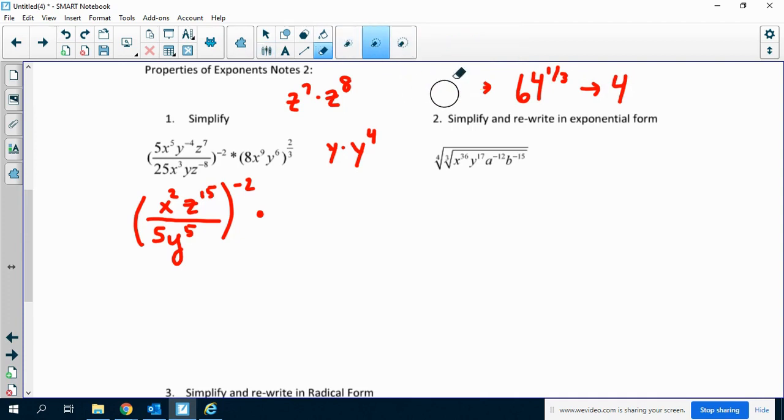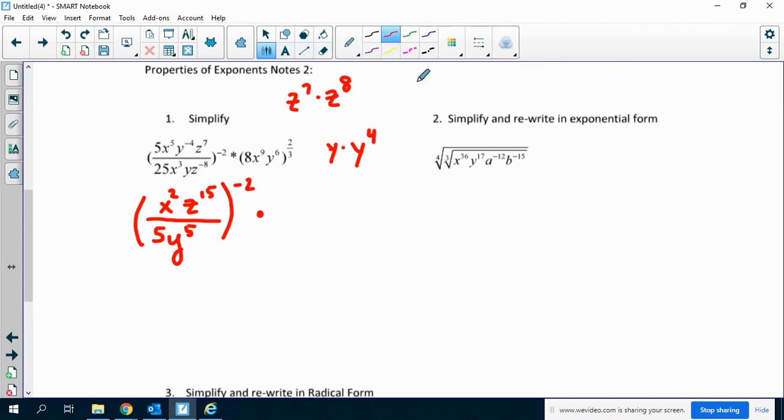But understanding that that's not going to be the best way to go about it if, let's say, I have 8 to the 5/3, because then I would have to do 8 to the 5th, which I don't really know off the top of my head, and then do that to the 1/3 power.